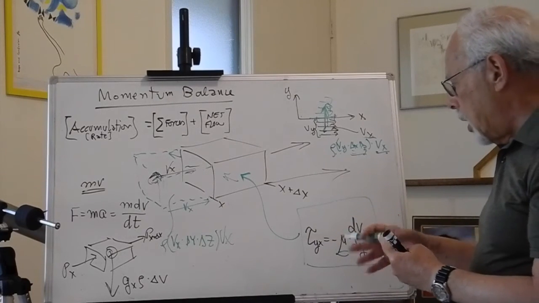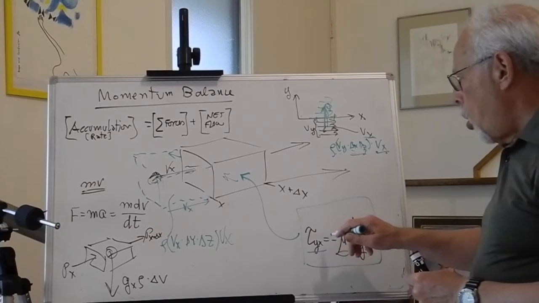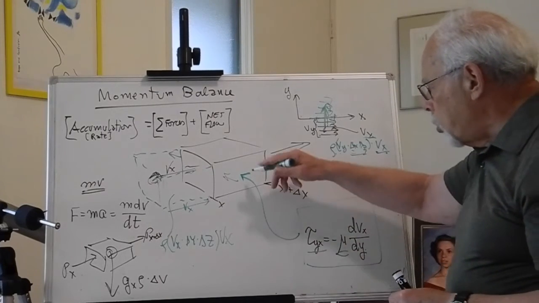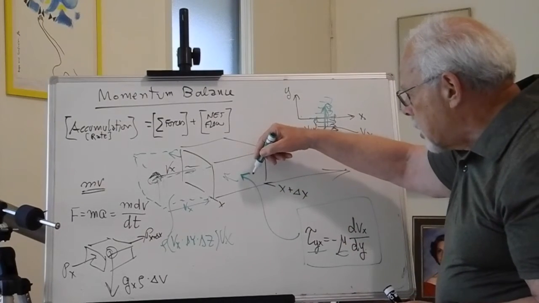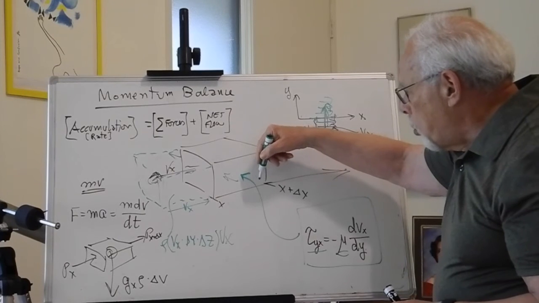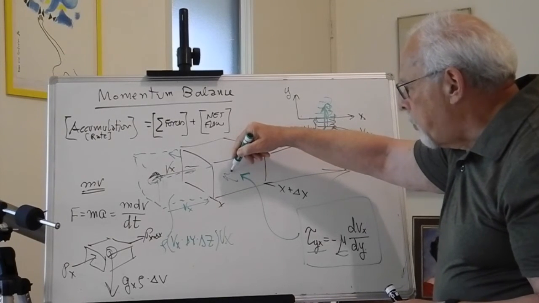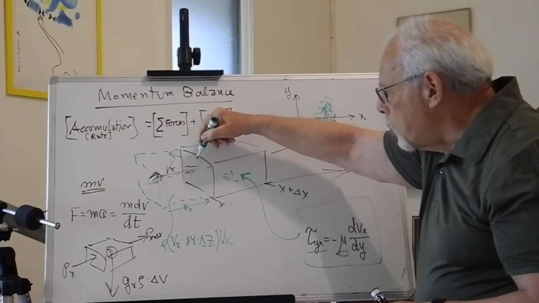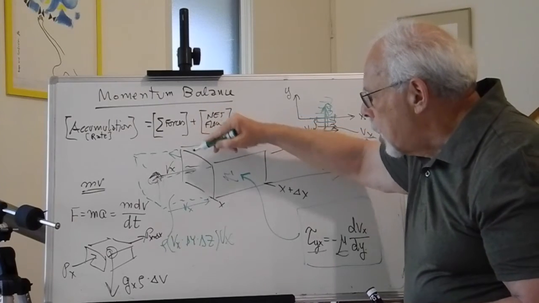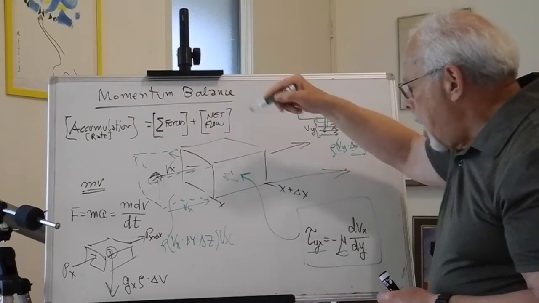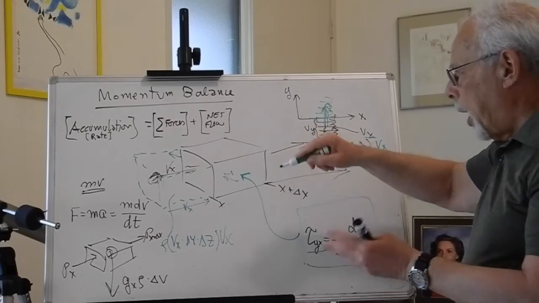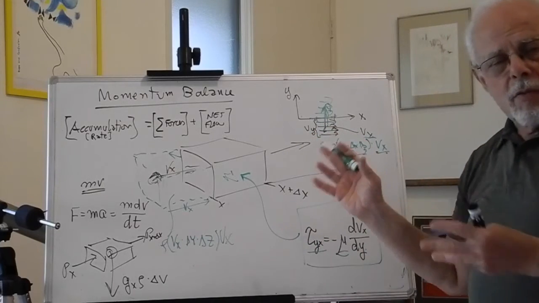molecular level. And here again, this is the rate in which, on a molecular basis, the momentum goes through this face. We have to subtract it from what goes from the other face, and then we apply it to all the 6 faces.